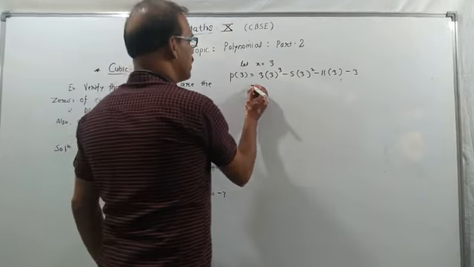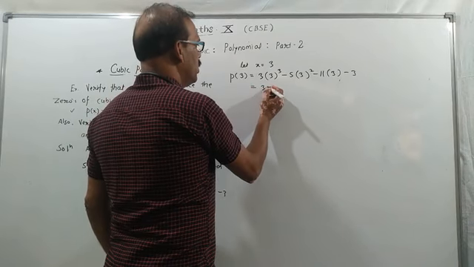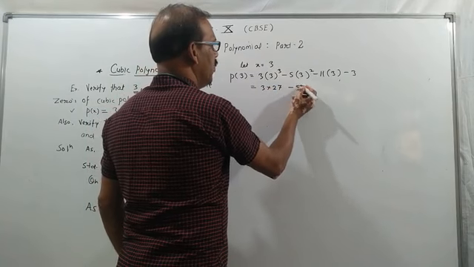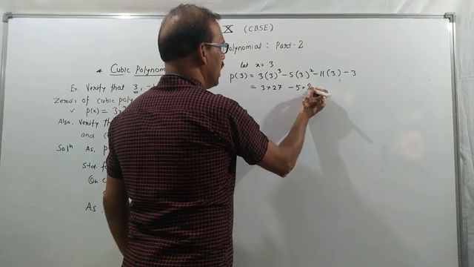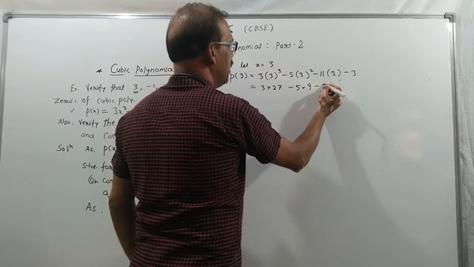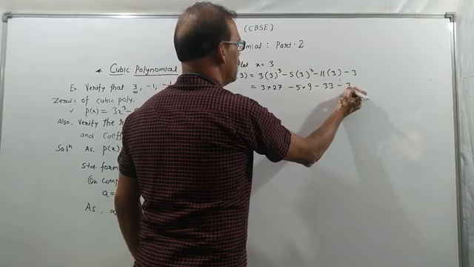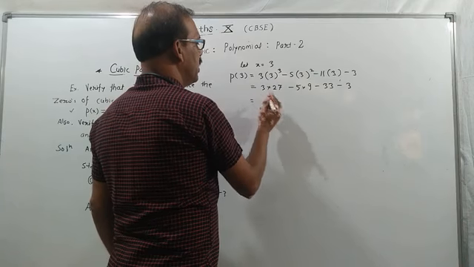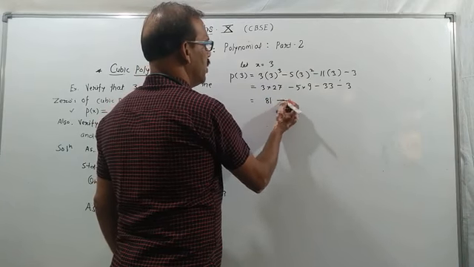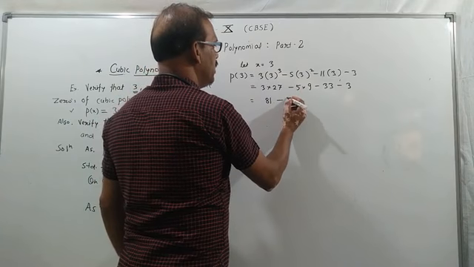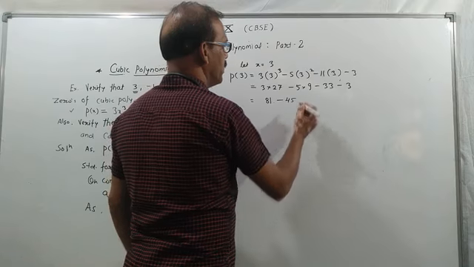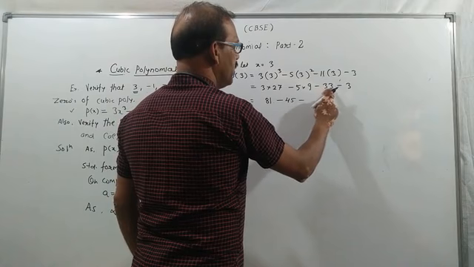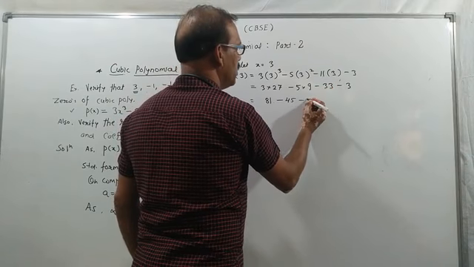We solve this right hand side. We know 3 cubed is 27, minus 5 into 3 squared, which is 9, minus 11 into 3 is 33, minus 3. 3 times 27 is 81, 5 times 9 is 45, minus 33, minus 3 is minus 36.